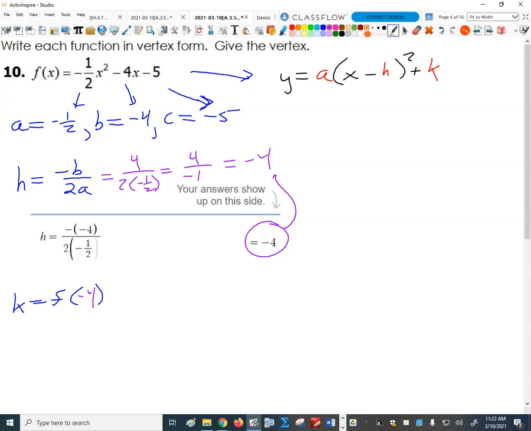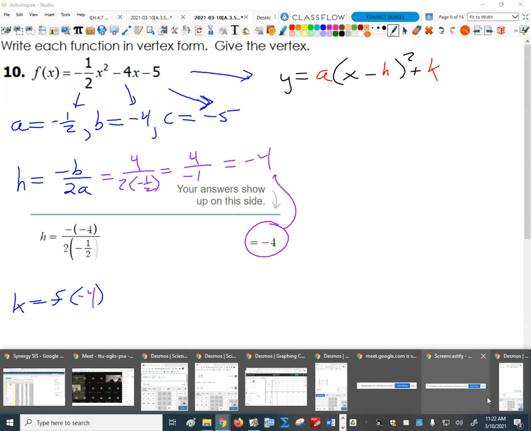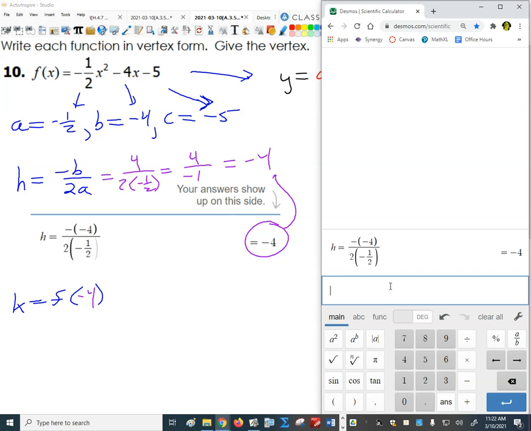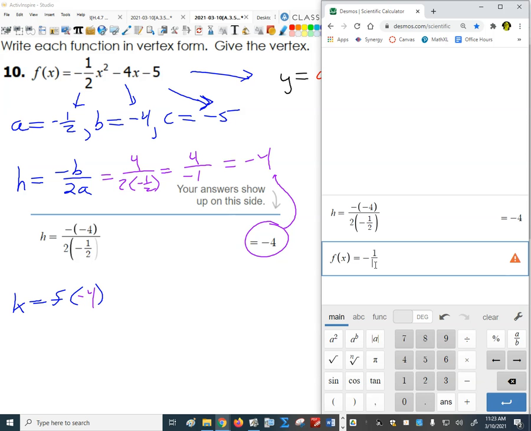So let's do that in Desmos. So f of x equals negative 1/2 x. Oh man, what's this doing? Oh, I see.